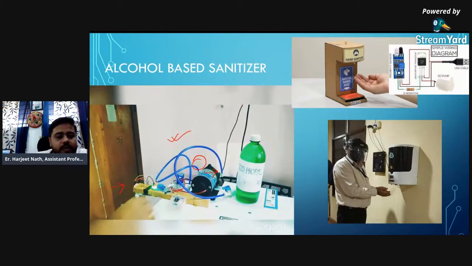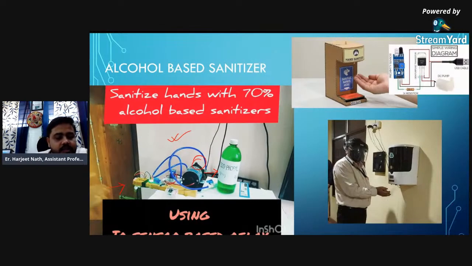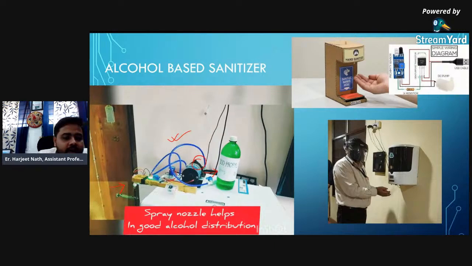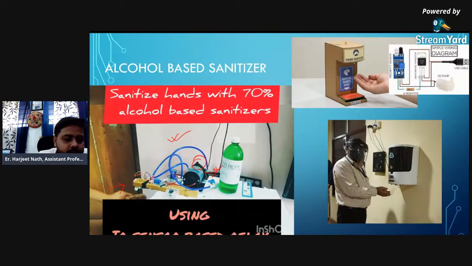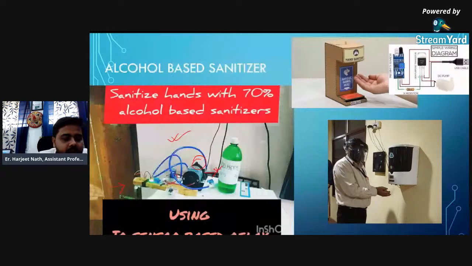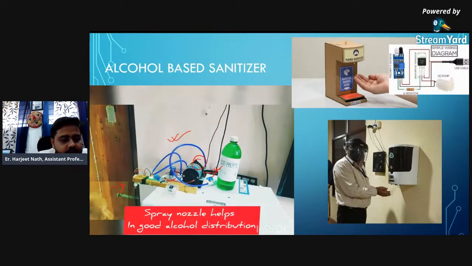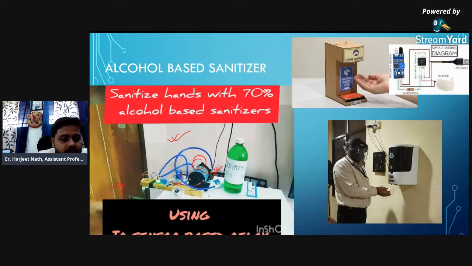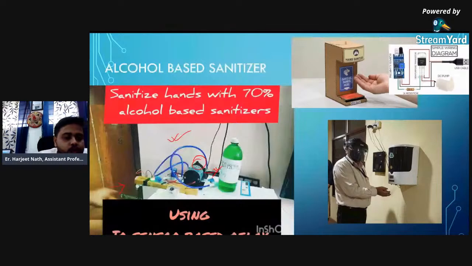It can be isopropyl alcohol, or other types of alcohol of desired concentration. Whenever your hand is there, it senses your hand and switches on the motor, and the motor pumps the hand sanitizer straight onto your hand. And when you remove your hand, it stops the motor, and the hand sanitizer stops. So this was prepared in my home.